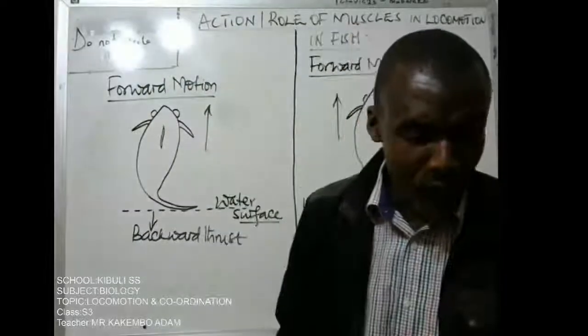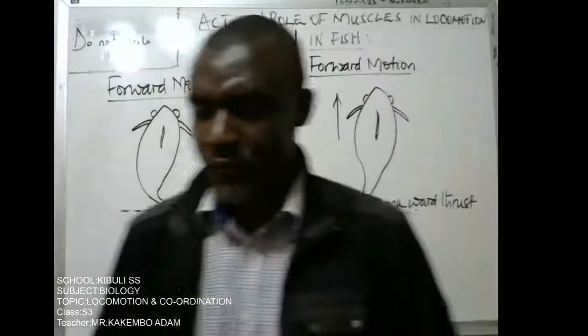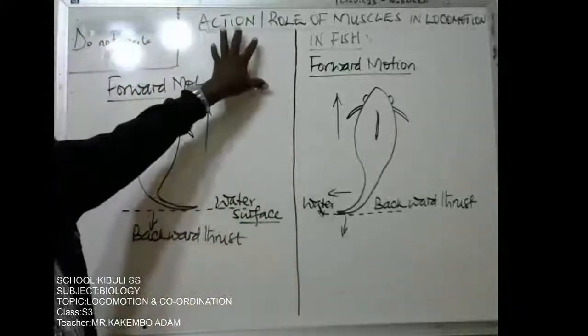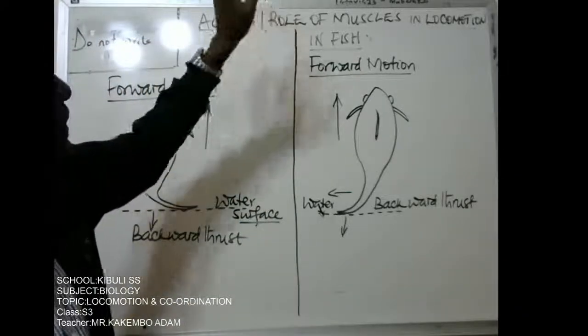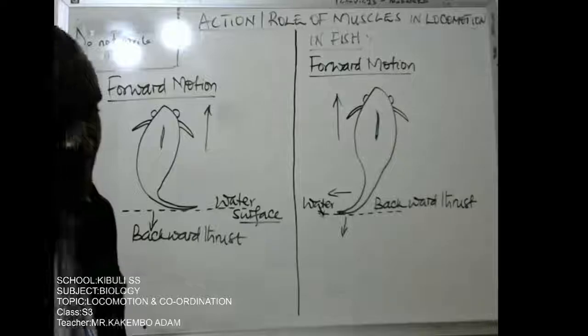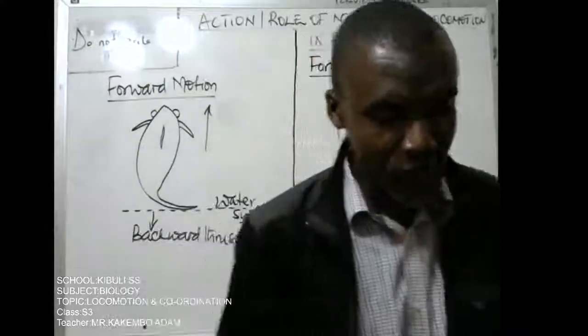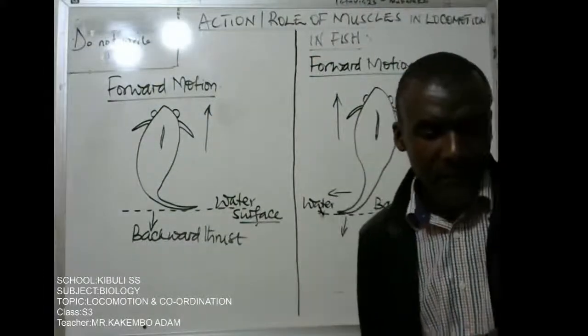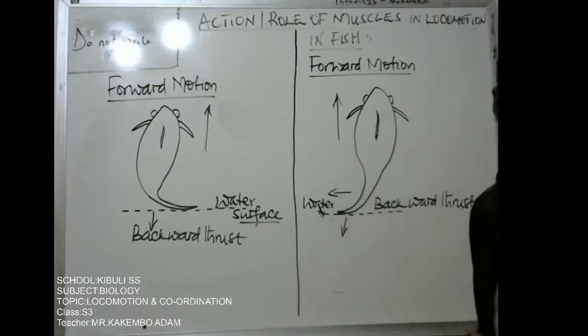Okay, then we move on to the role of the fins in locomotion in fish. The first one was the role of muscles in locomotion, which we have seen. Next, we move on to the role of fins in locomotion in fish.